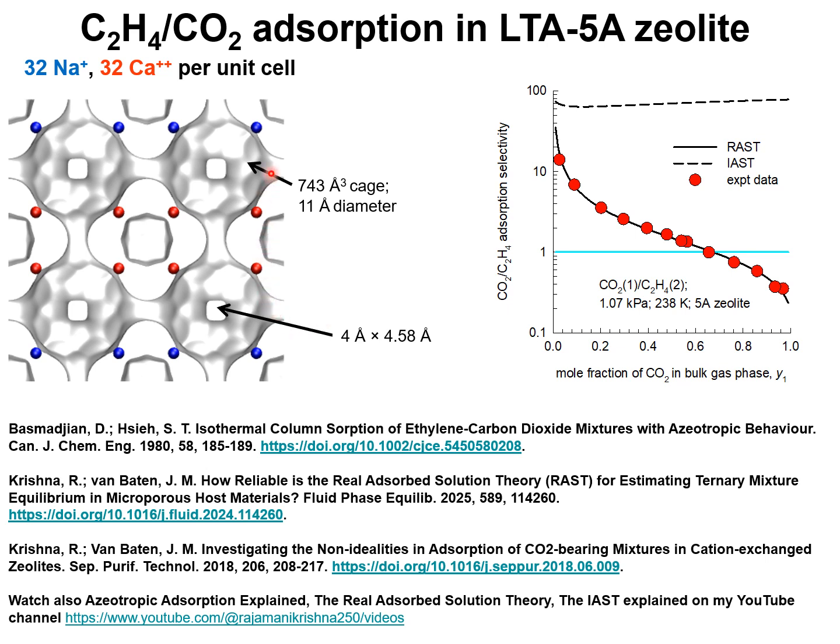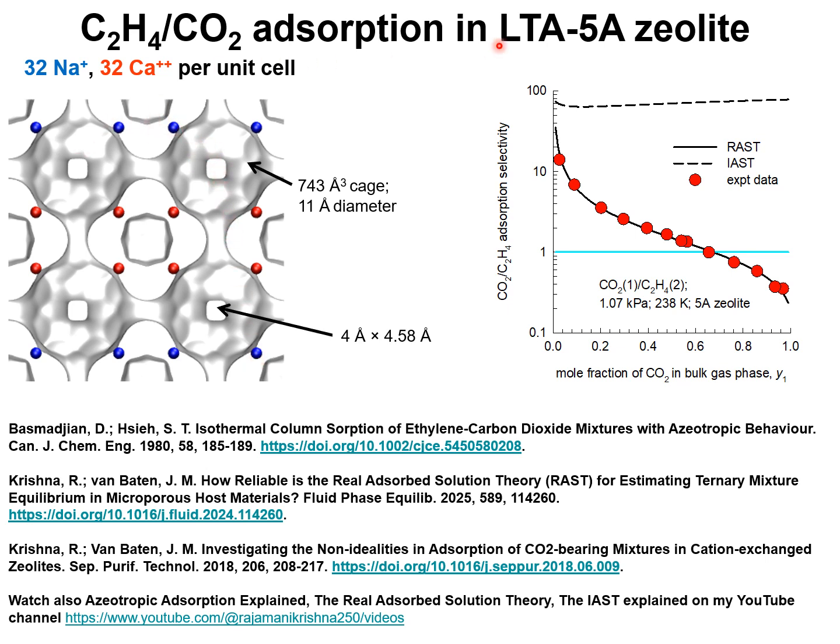It consists of a structure in which we have cages of about 11 angstrom in diameter, and each cage is separated from adjacent cages by windows that have apertures with dimensions of about 4 angstrom to 4.58 angstrom. It is a misconception to think that a 5A zeolite has a window aperture of 5 angstrom. It's just a rough indication.